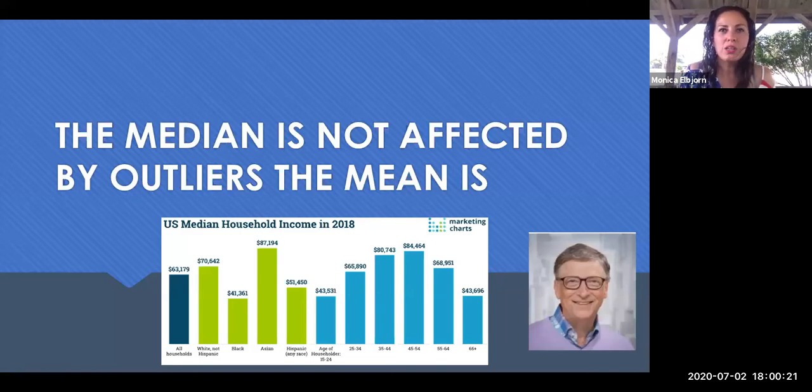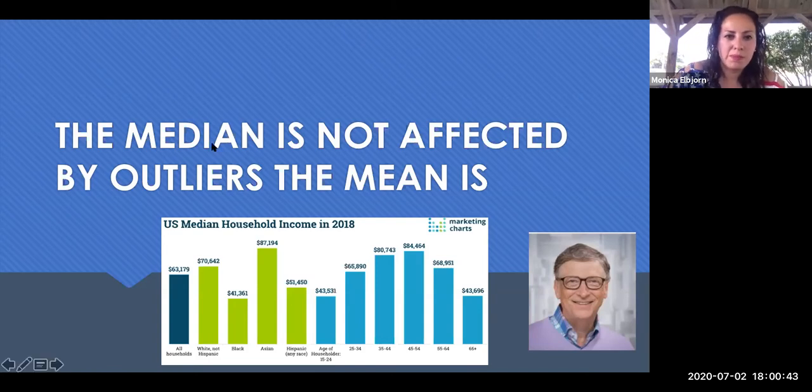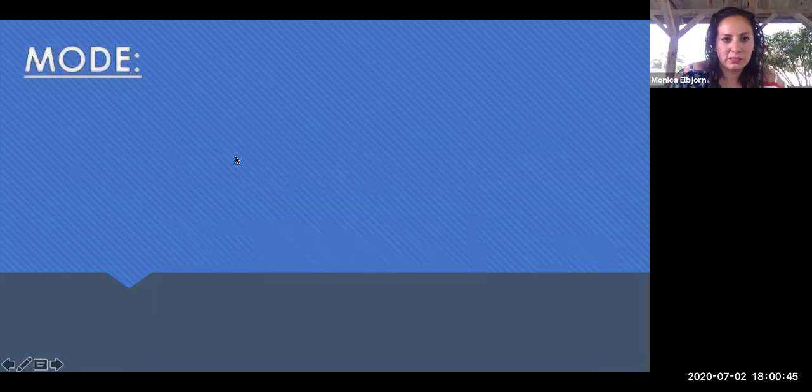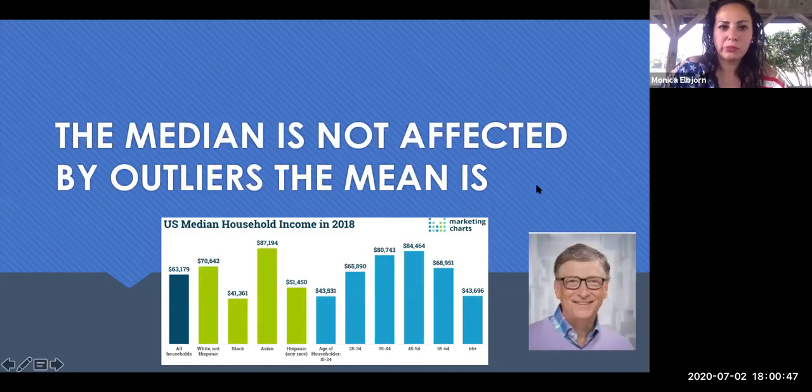So if you're getting the mean and you're adding thousands and then billions, it's going to throw off the data. That's why median is important, like median household income, median salary for a job, or the median value of a house. So in summary, the median is not affected by outliers, but the mean is.